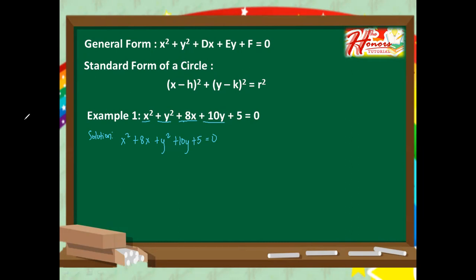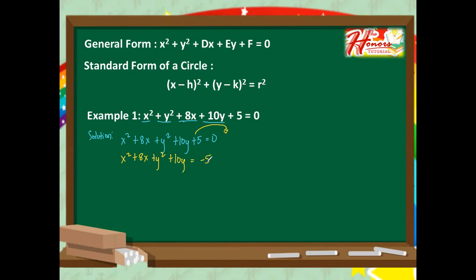Next, after you arrange the terms, you have to transpose positive 5 to the right side of the equation. So this equation will become x squared plus 8x plus y squared plus 10y equals negative 5.